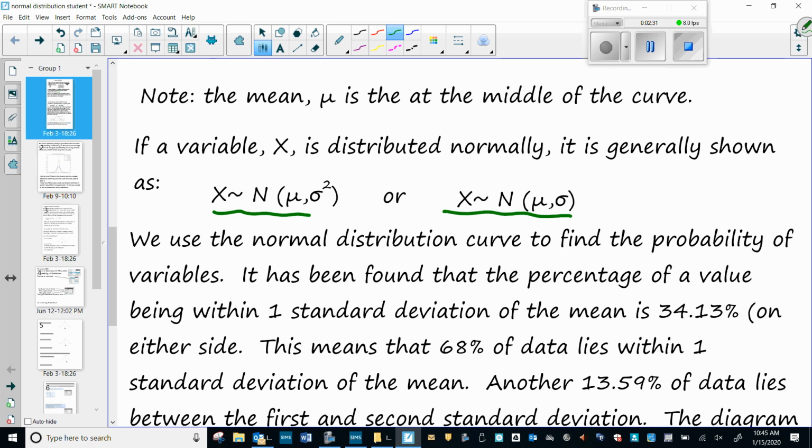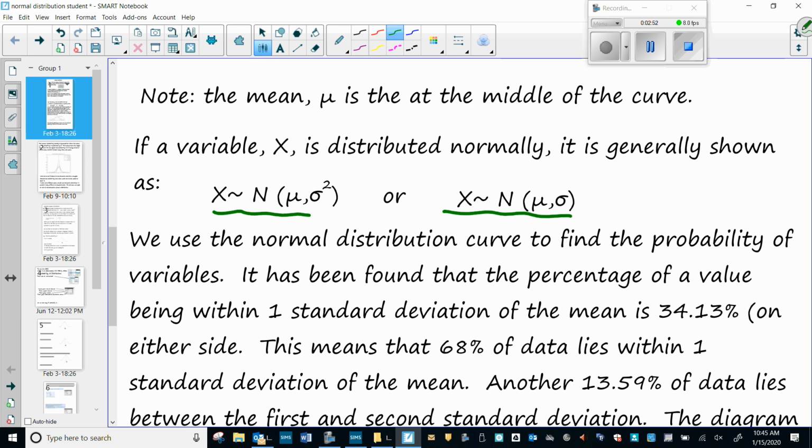This one is an N because it's normally distributed. So look out for the N. They won't have the mean and the standard deviation, or, apologies, this isn't the standard deviation, is it? What is this? Variance, because it's the standard deviation squared. So they won't have that, they will actually have numbers there.